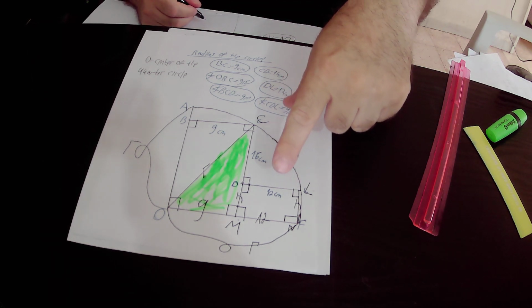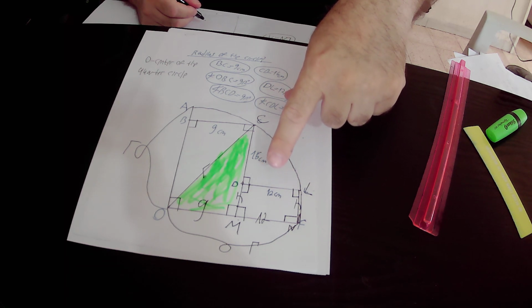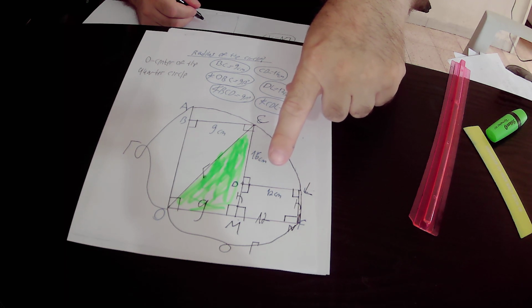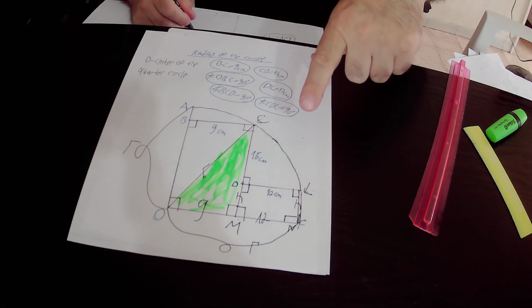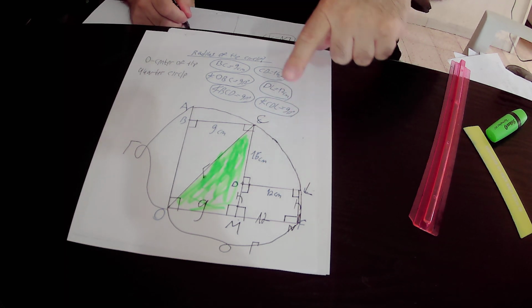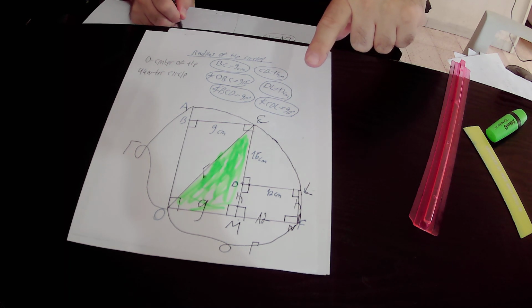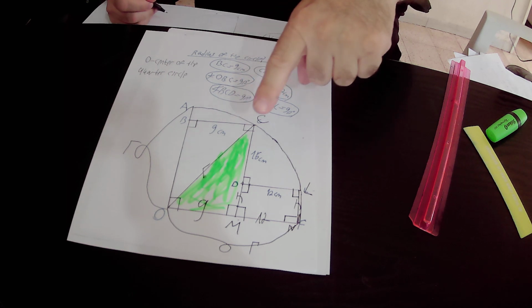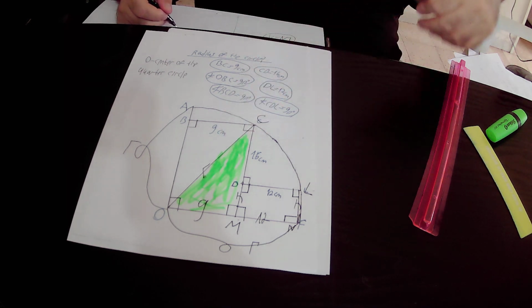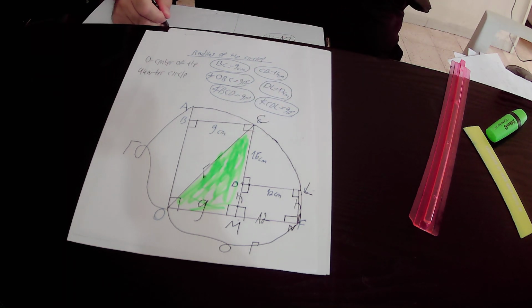CM is CD plus DM, that is CD, that is 16, plus DM, that is H. So in total CM equals H plus 16, or 16 plus H. Therefore CM square will be equal to (16 plus H) square plus OM square. OM is 9, so OM square is 9 square, that is 81.